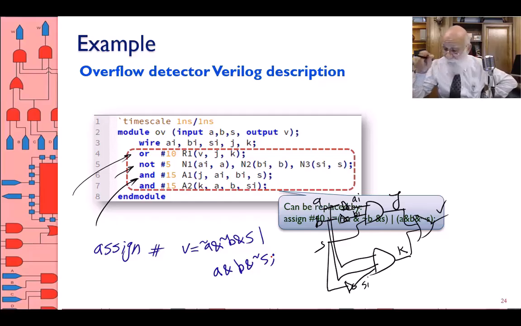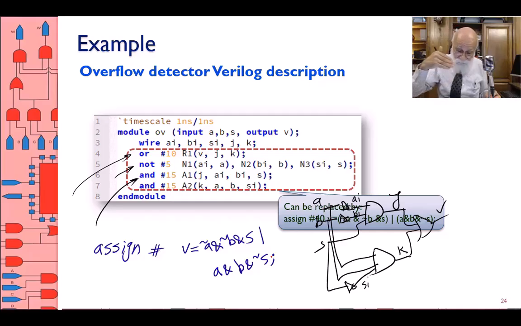So what we have done so far is we have shown you the Verilog at the transistor level, at the gate level, and also at the assign level, at the expression level. We are showing that at the transistor level, you're going to get a lot of details, but then there is a long simulation time. At the gate level, you're going to get not as much delay, not as much precision, but then not as fast as, not as slow as the transistor level.